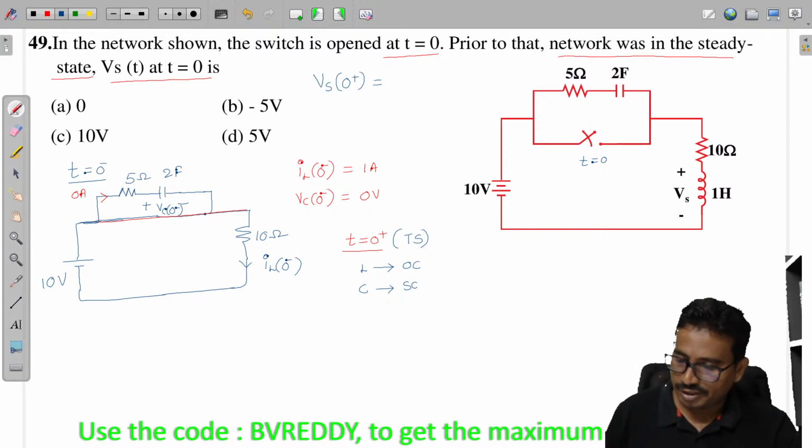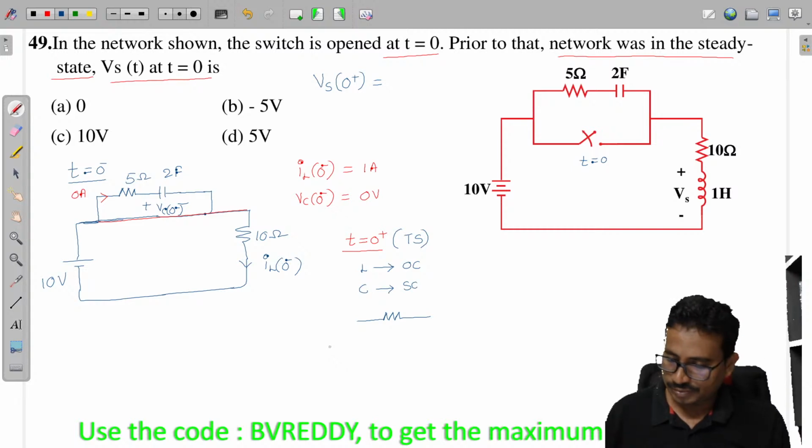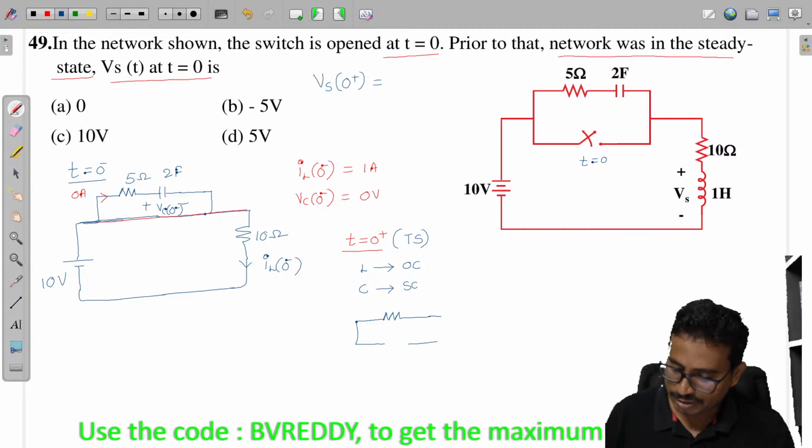Now tell me, at t is equal to 0 plus scenario, what happened to the switch? The switch is open. Capacitor is short circuited with the initial value.